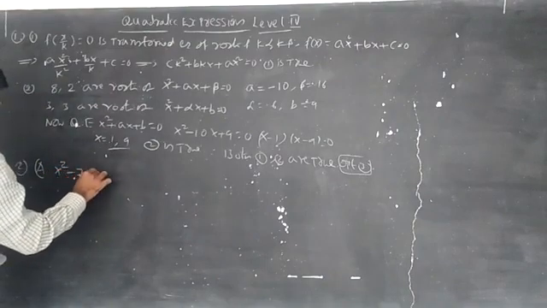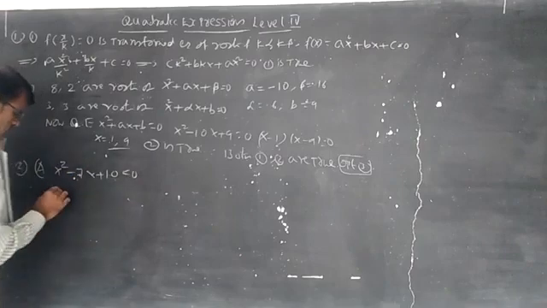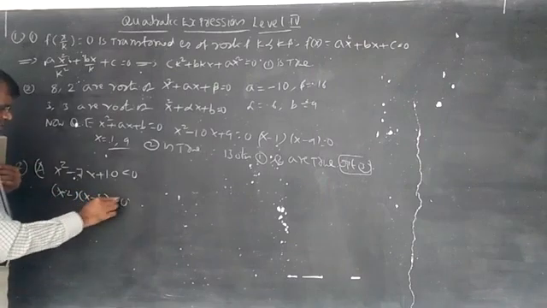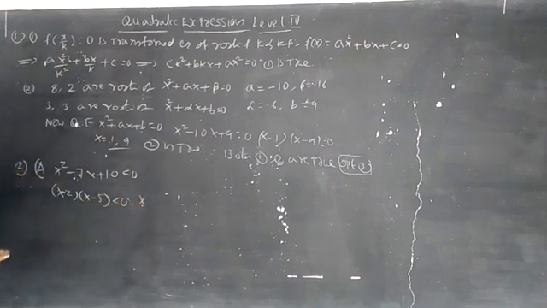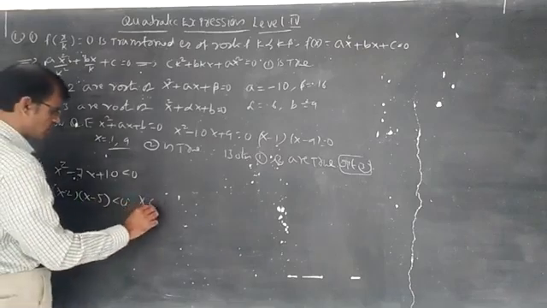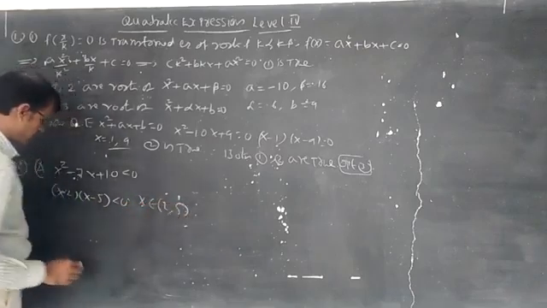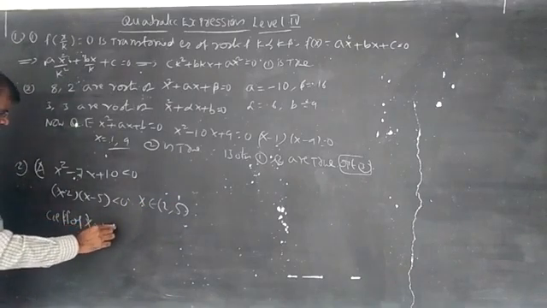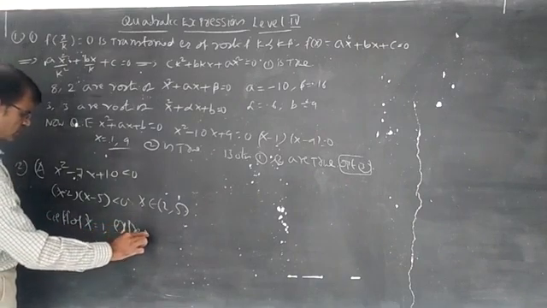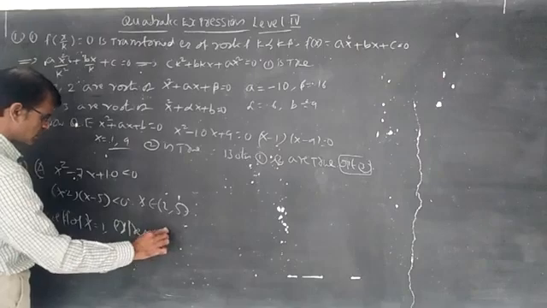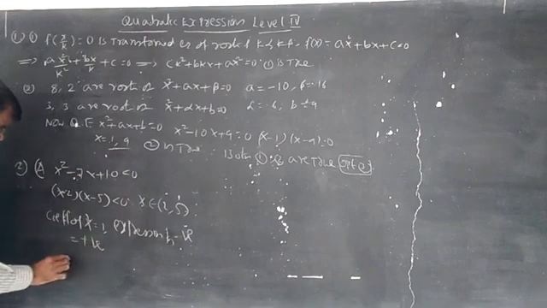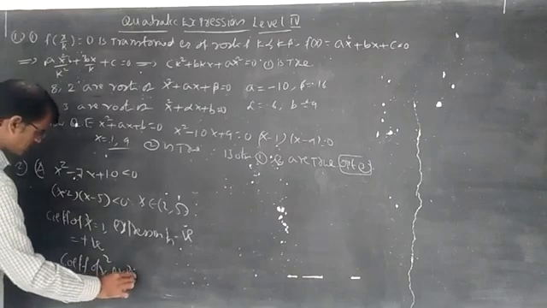Second one, assertion A: x square minus 7x plus 10 is less than 0. Originally this can be written as x minus 2 into x minus 5 less than 0. Whenever x minus alpha and x minus beta less than 0, then x belongs to alpha, beta is the formula. Here the coefficient of x square is equal to 1 and the expression is negative, so the coefficient of x square and the expression have opposite sign.